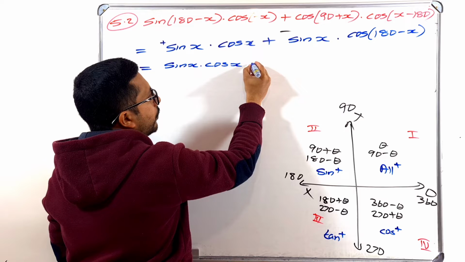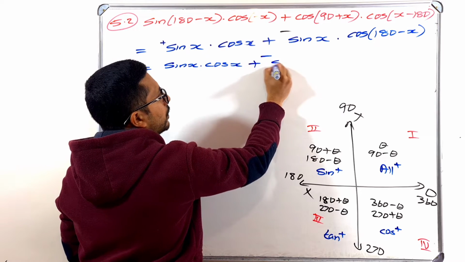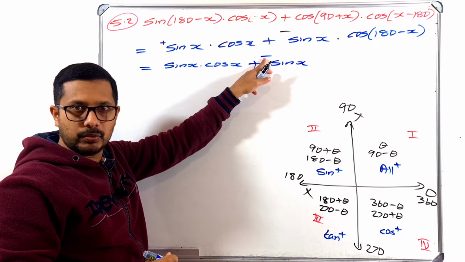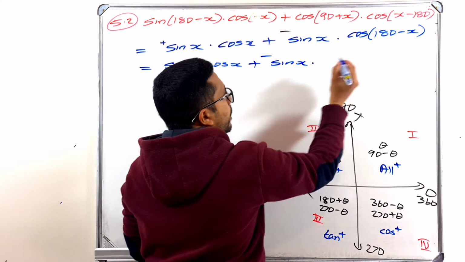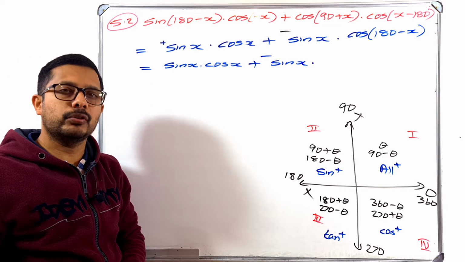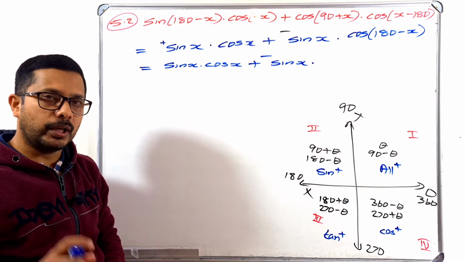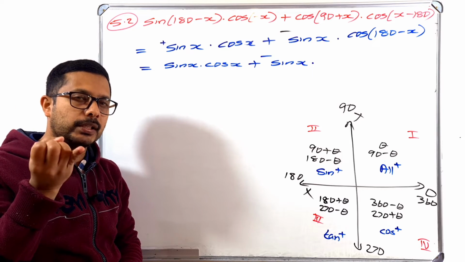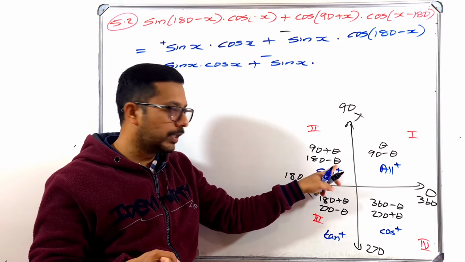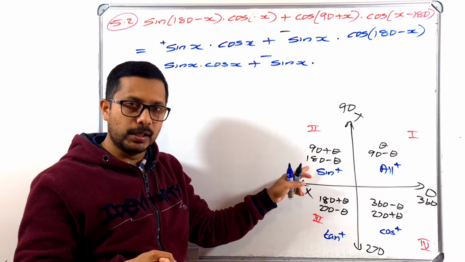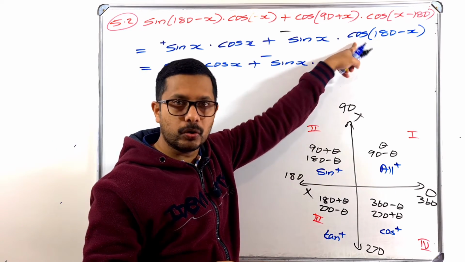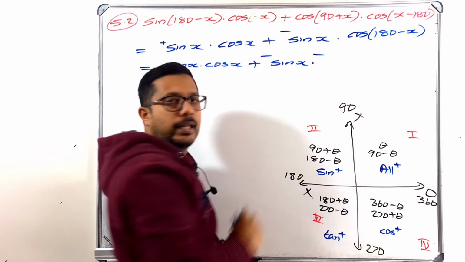Okay, let me write it once more: plus minus sin x, look at where I wrote the minus on top, then times cos of 180 minus x. Now we have to apply the reduction formula. So I'm going to ask myself, 180 minus x is in which quadrant? Second quadrant. In the second quadrant, what is positive? Sine. Here what? Cos. So it is negative.